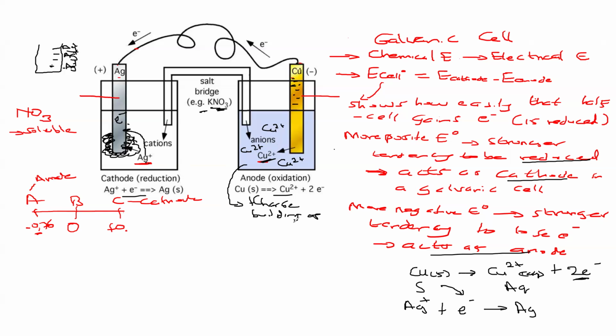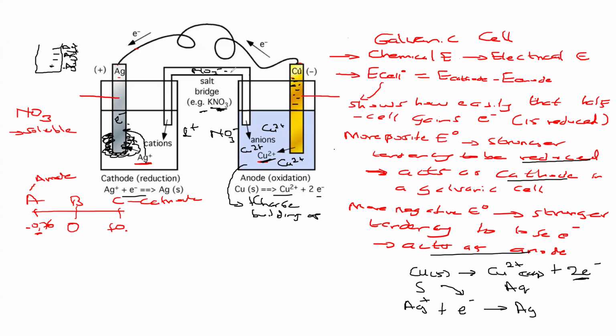Then the anions from the salt bridge must counter this build up. The salt bridge has, for example, potassium nitrate, so you'd have K plus and you'd have NO3 minus.